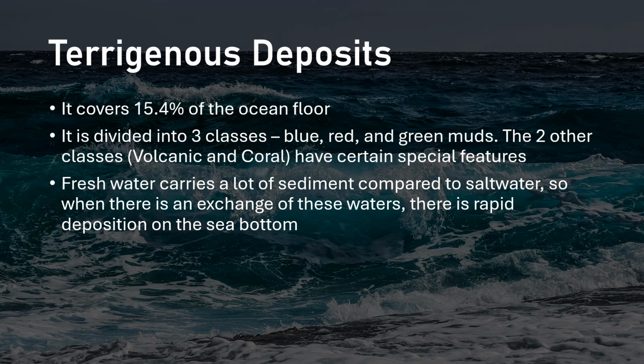Of the heterogeneous deep sea deposits in the narrower sense, it is distinguished into three classes: the blue, the red, and the green ones. The two other classes included in this group are the volcanic mud and coral mud, which have, as their name indicates, certain special features which render their separate consideration advisable.